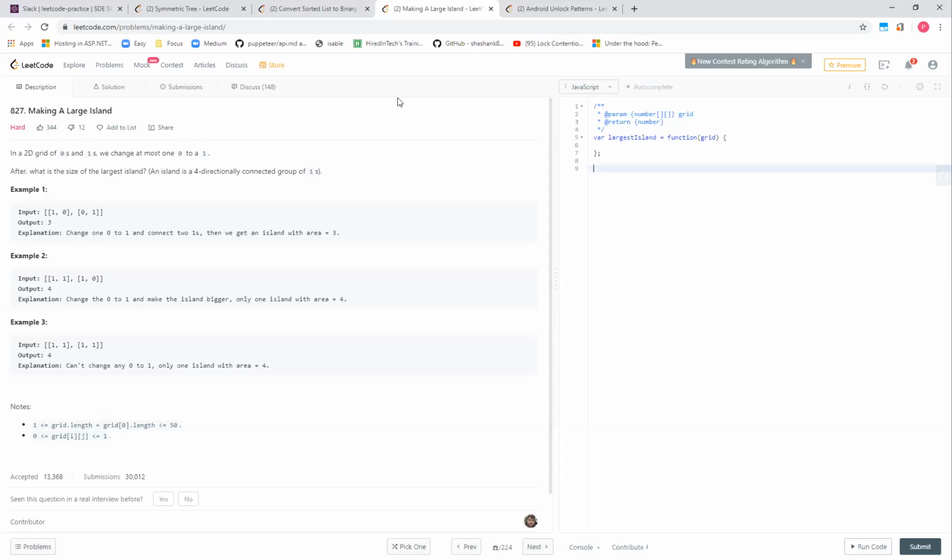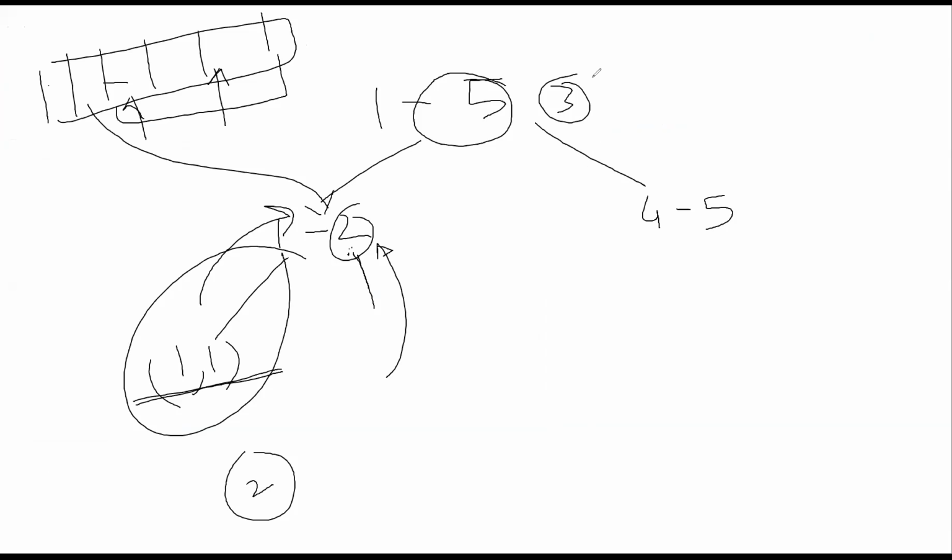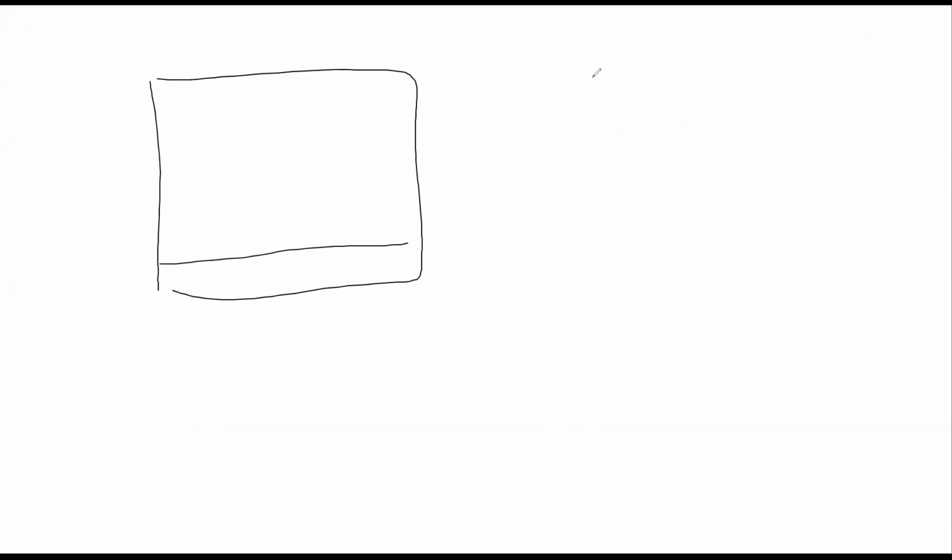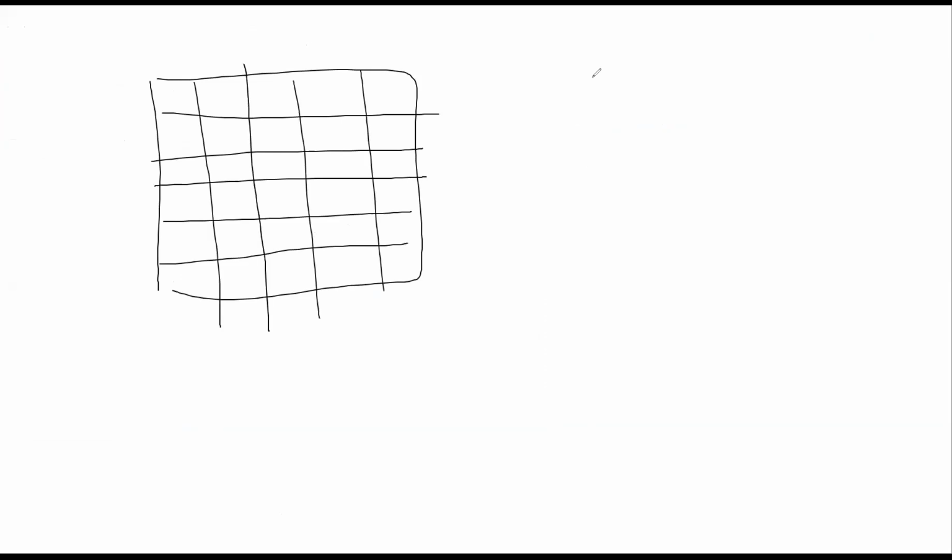Okay, so let me share my screen. Let's say we have this 2D matrix. Let's say we have some ones here, then zeros.